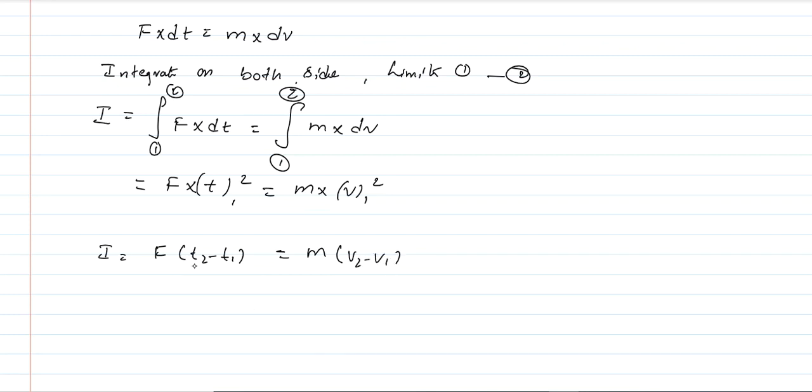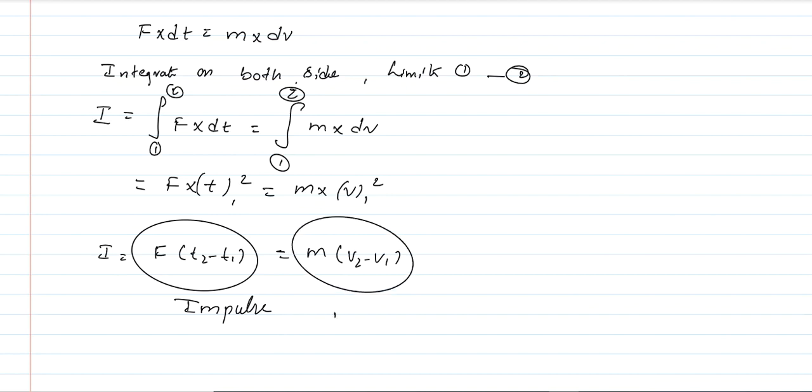In this equation, F into t2 minus t1 is nothing but impulse, m into v2 minus v1 is nothing but momentum. So I can say that this equation is nothing but impulse momentum principle.